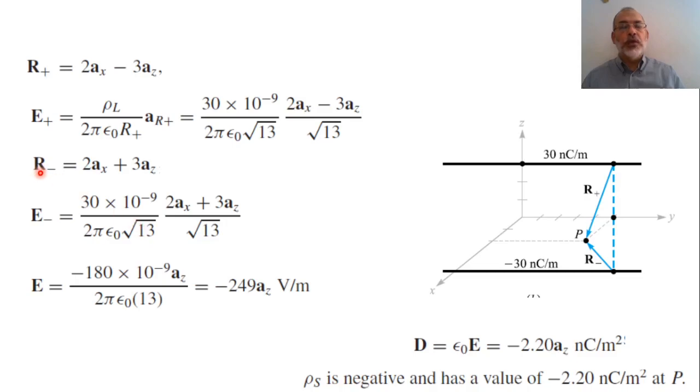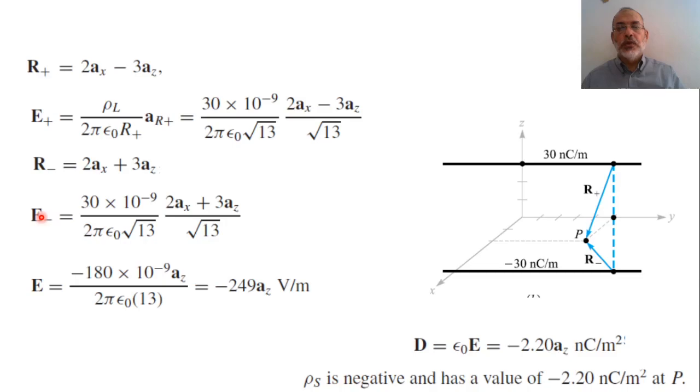But the unit vector in this case would be 2 a_x plus 3 a_z over the square root of 13. Now, the total electric field at the point B would be the summation of E plus and E minus.